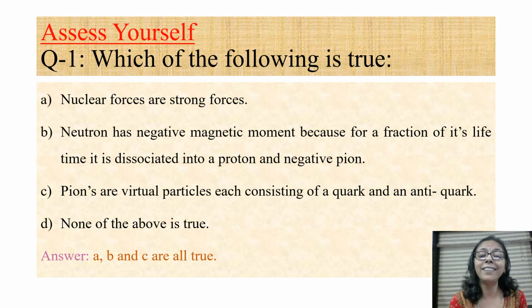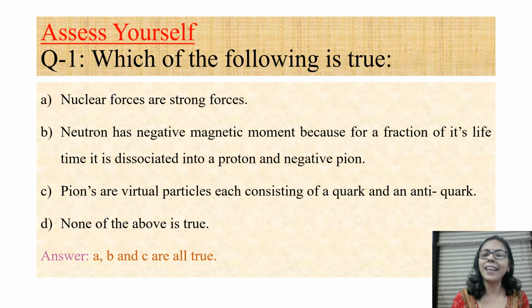The third thing, pions are virtual particles, each consisting of a quark and an antiquark. Yes, it is true. And the last option, none of the above is true, is not true. So the answer is A, B, and C are all true.